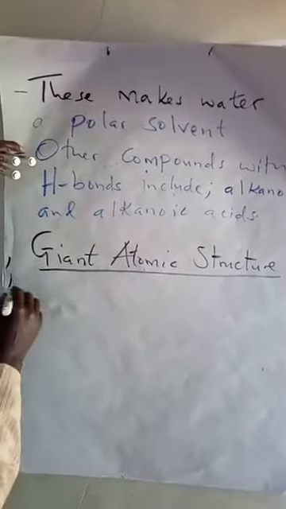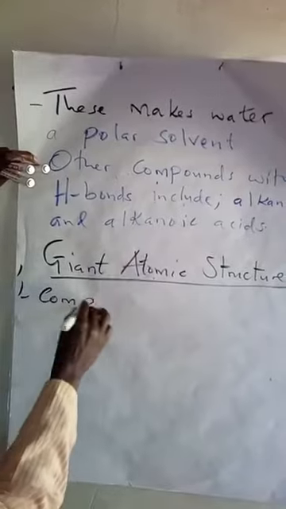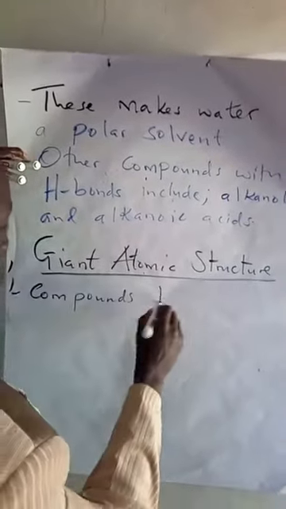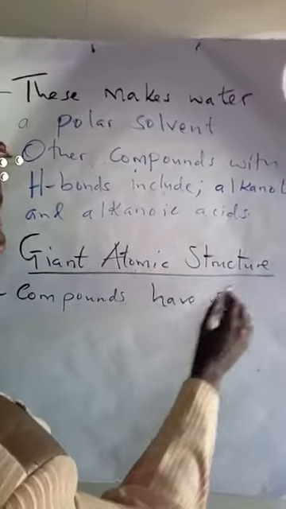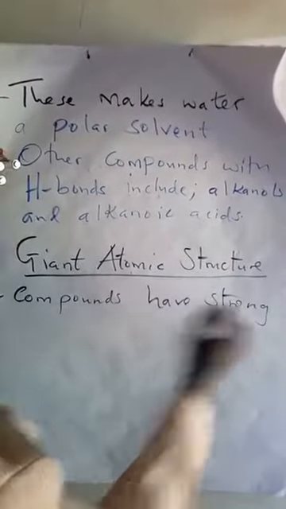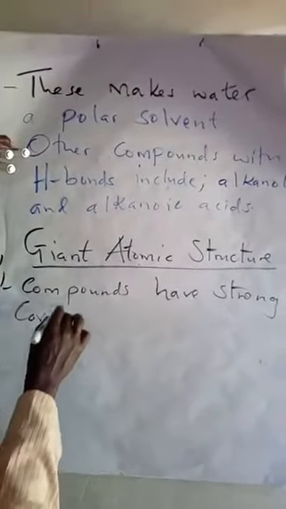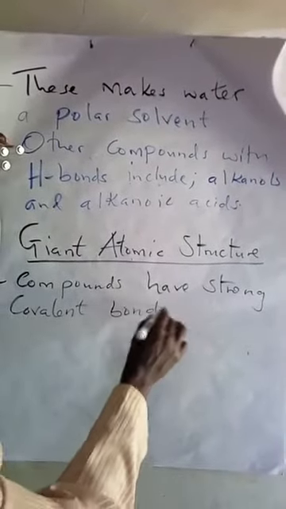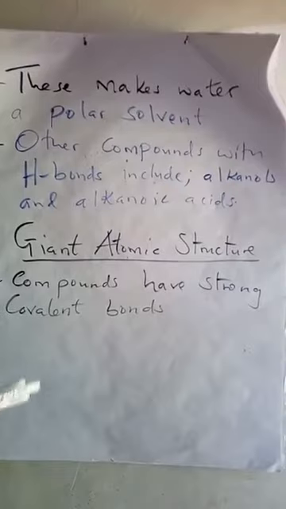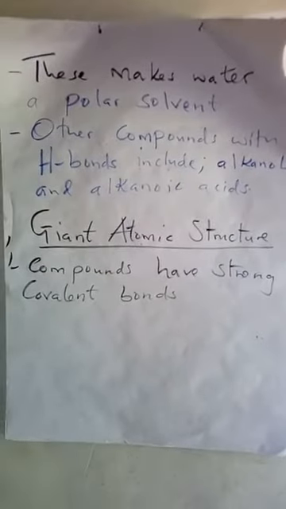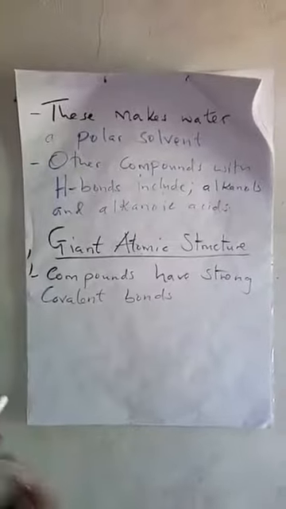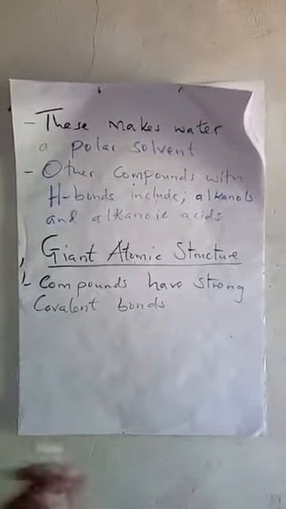So this is where compounds have strong covalent bonds. These are compounds in which they have strong covalent bonds in between their atoms.